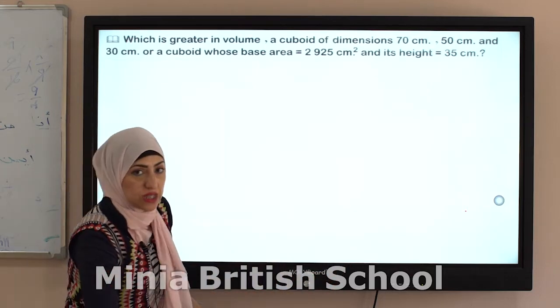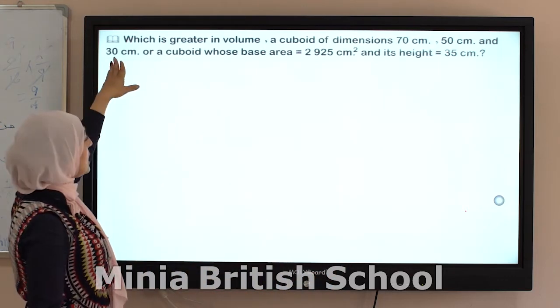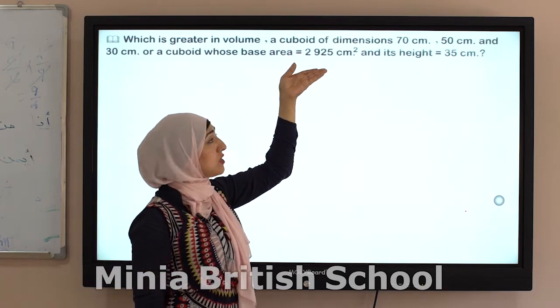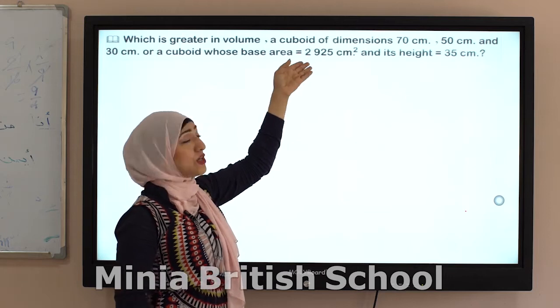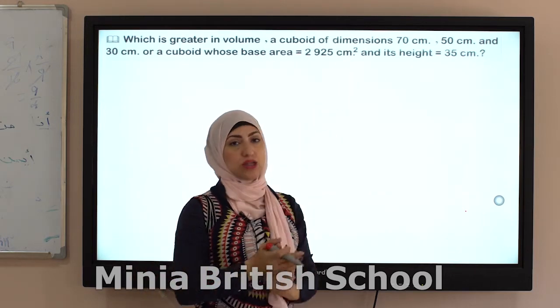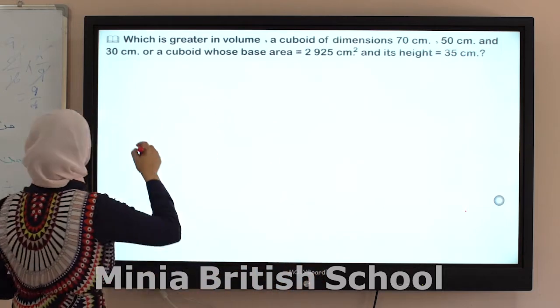What is the difference between the two cuboids? Here he gives me the three dimensions, and here he gives me the area, which is length times width, and its height.